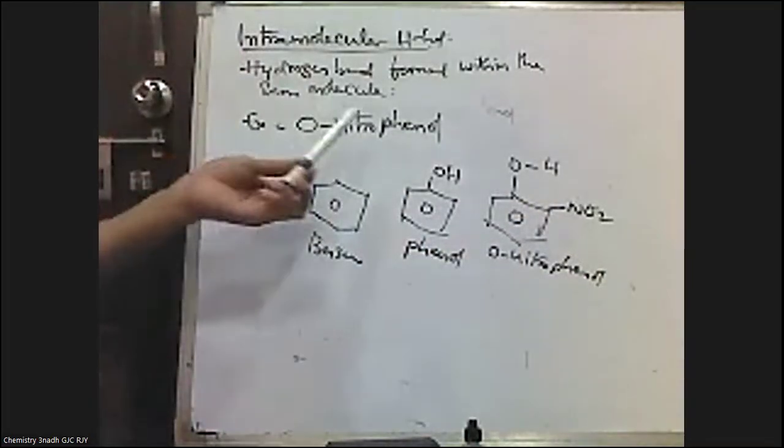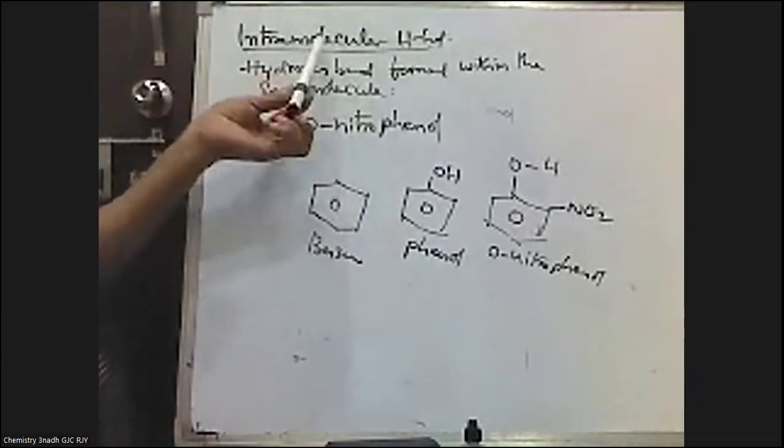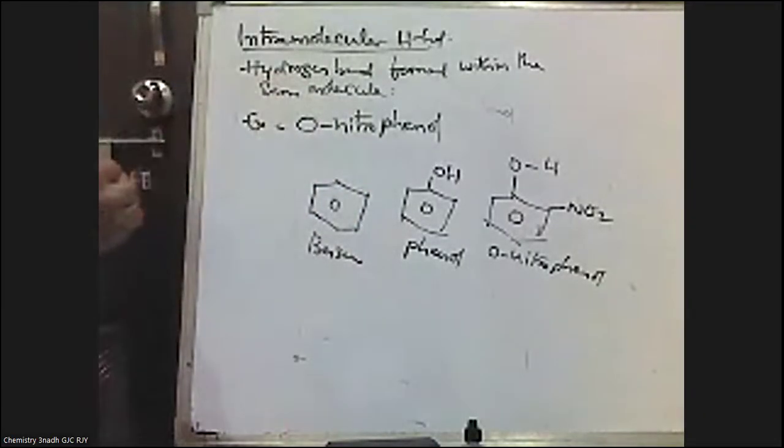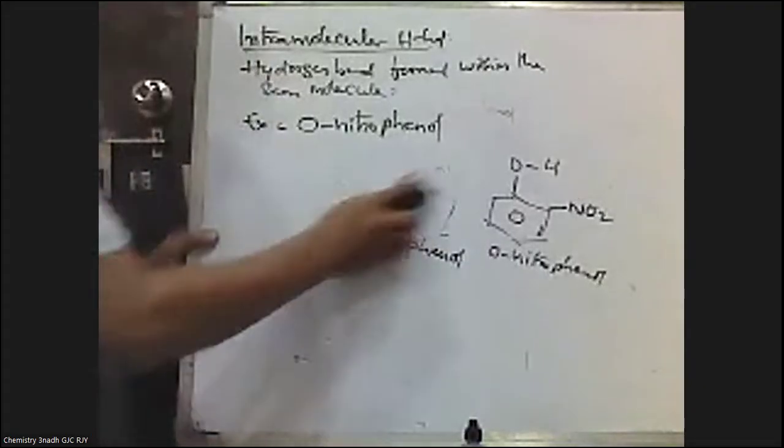So in orthonitrophenol, whatever hydrogen bond is formed, that one we are calling the intramolecular hydrogen bond.